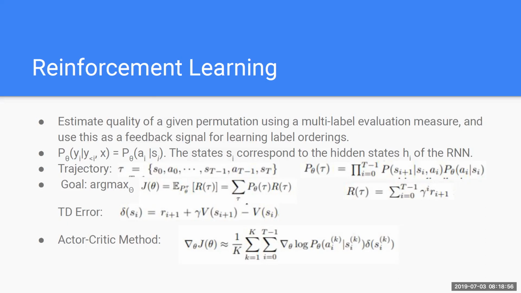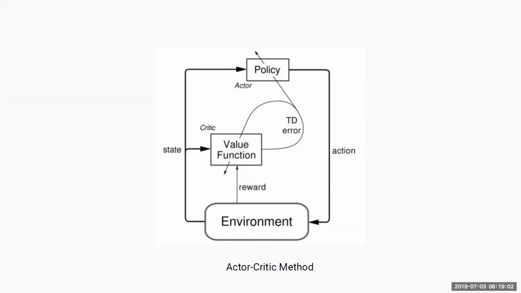Like in this pictorial example, your actor is basically your policy for when you decide what action it's going to take at each step in a probabilistic manner, and your value function, the value for an action minus the state value, your advantage function as it's called, acts as the critic.